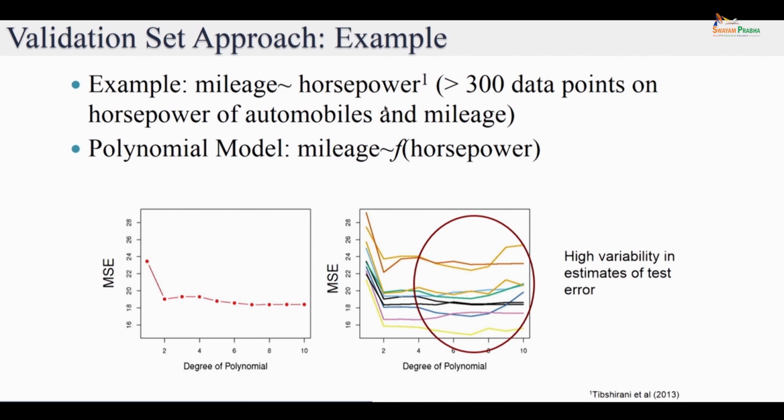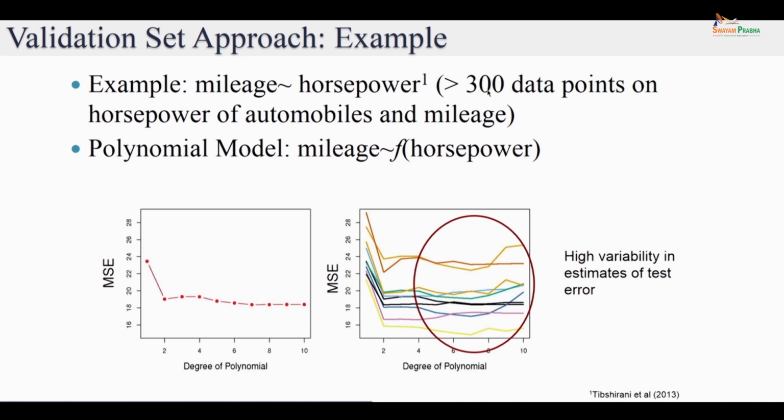So here is a case example of mileage of some automobiles and the horsepower of the engine. Essentially this particular data set contains 300 data points. Actually this is sufficiently large, but we are going to assume this is not large enough, and we use the validation and cross validation approach on this data set.